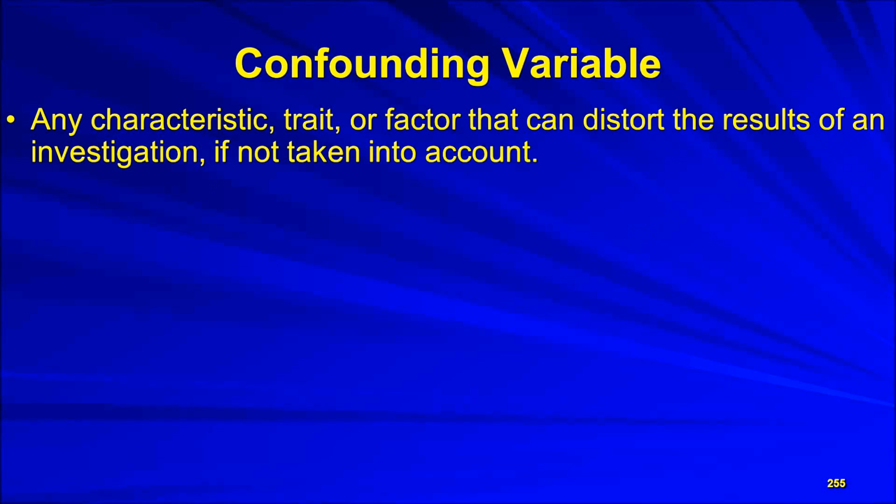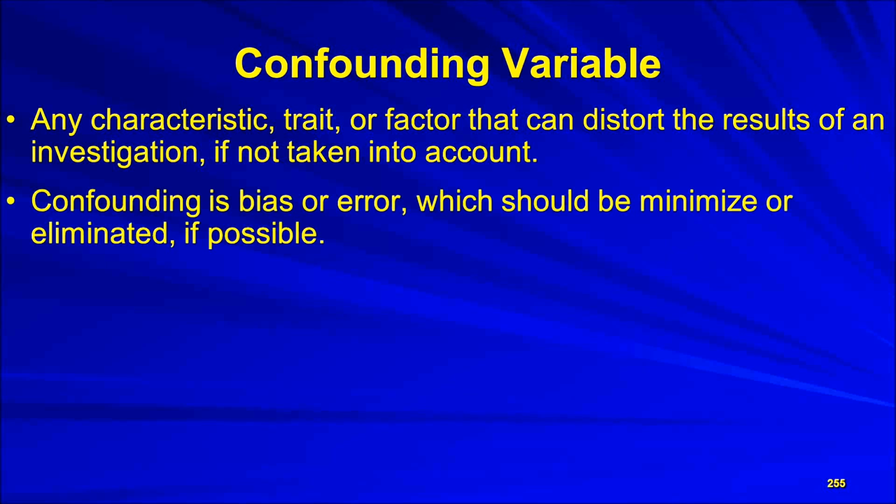Okay, now, confounding. I don't want to get too far afield with confounding because confounding is a complicated idea, but I do want to introduce you to the notion of confounding because you're going to hear it any time you deal with data. If you're dealing with data for your dissertation, confounding and bias or error are terms that are going to come up, because what we're after is we're trying to come up with a valid or a true score.